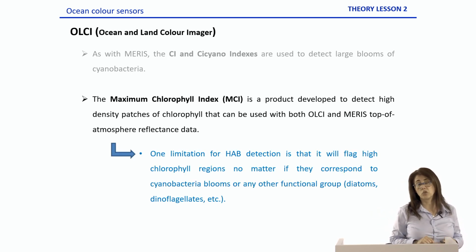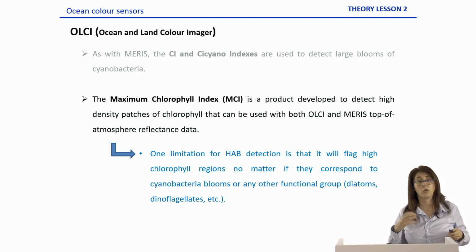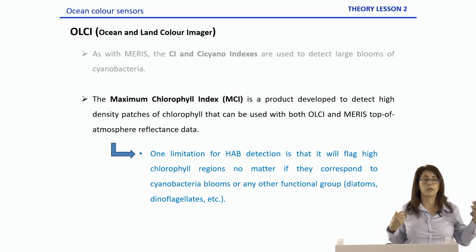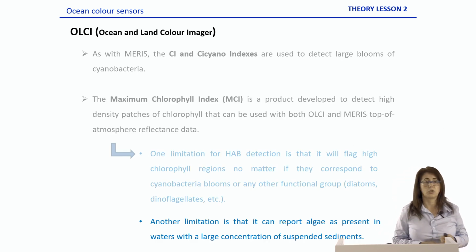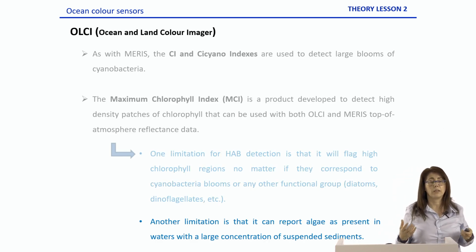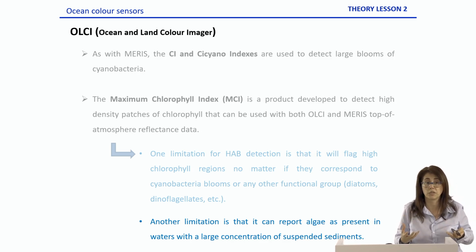One limitation of OLCI for HAB detection is that it will flag high chlorophyll regions no matter whether they correspond to cyanobacteria blooms or to any other functional group, like diatoms, dinoflagellates, so it cannot distinguish functional groups. This is a limitation. Another limitation is that it can also report the presence of algae in coastal waters that have a large concentration of suspended sediments.